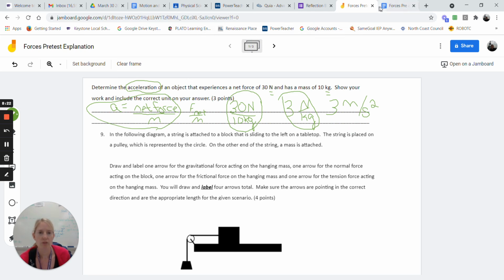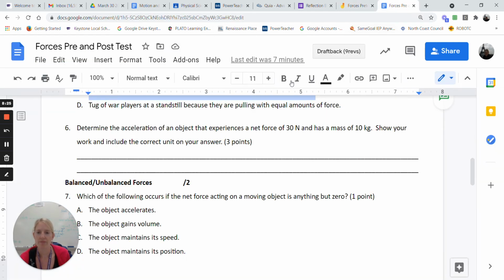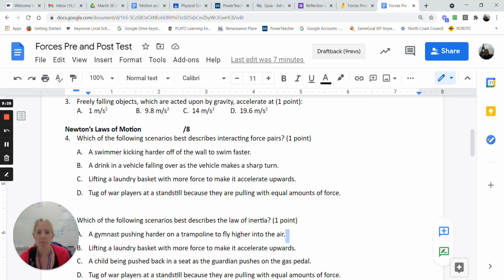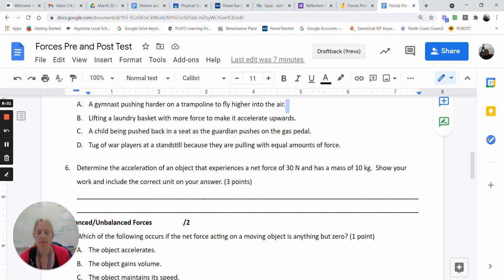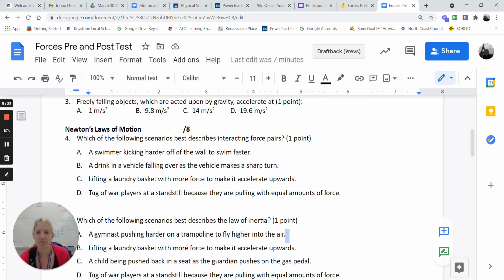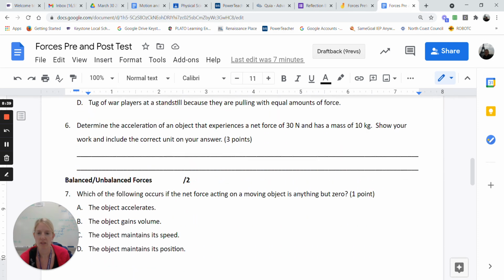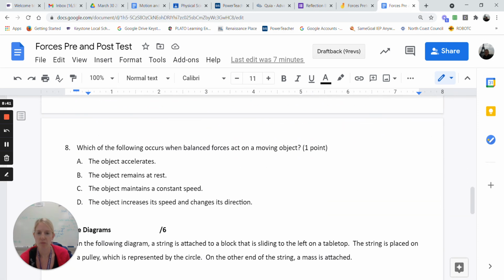Okay, so let's go back here. All right, so we've done this section. I've perplexed myself as to why that's 5 points.